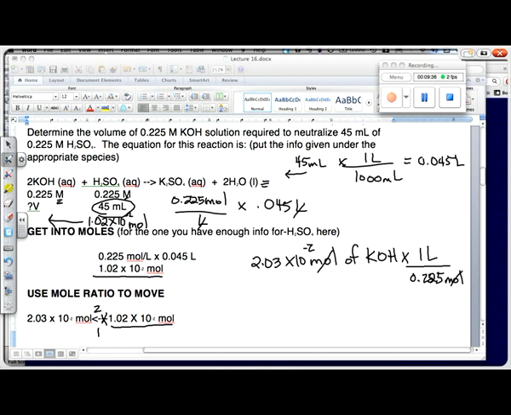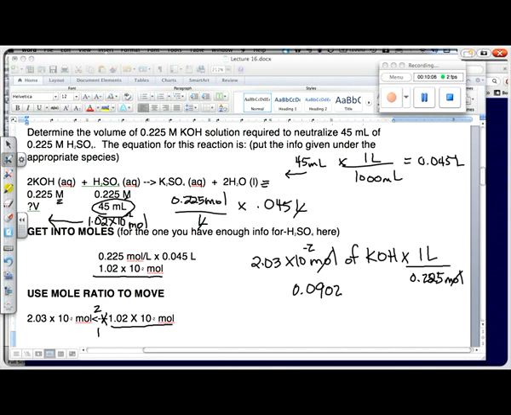We'll just do it right here before I scroll. And the final answer should be 9.02 times 10 to the minus 2. I'm going to multiply that times 1,000 to put it in milliliters. And I end up with 90.2 milliliters. So it was 0.0902, and that's probably way too many significant figures.